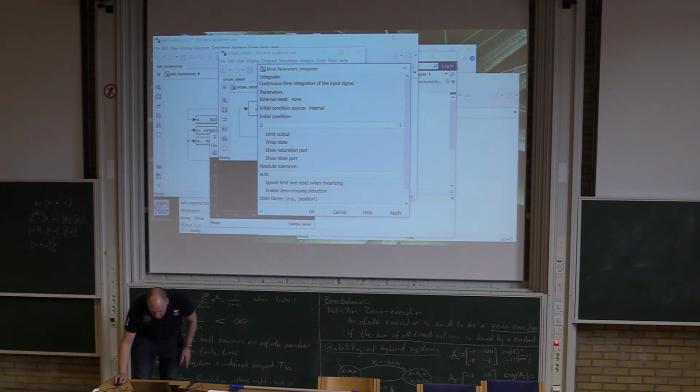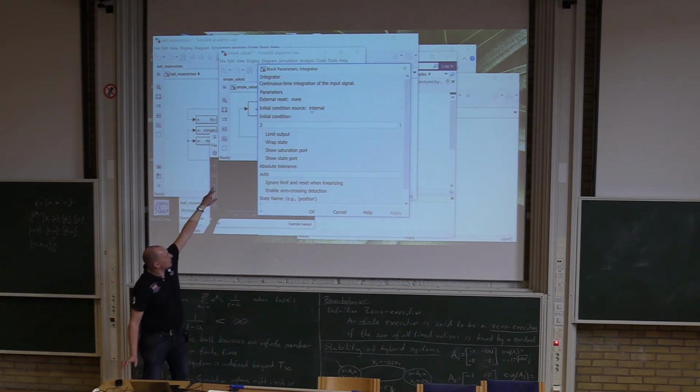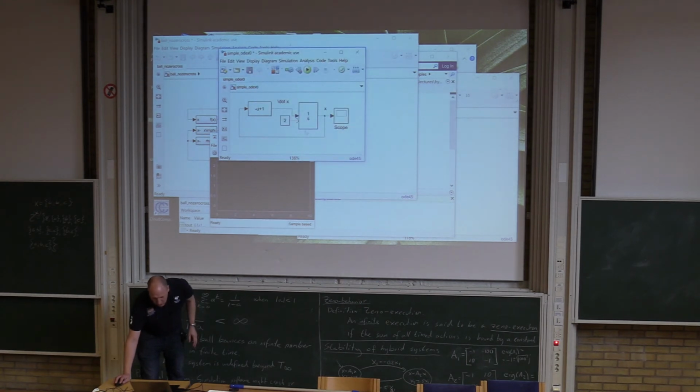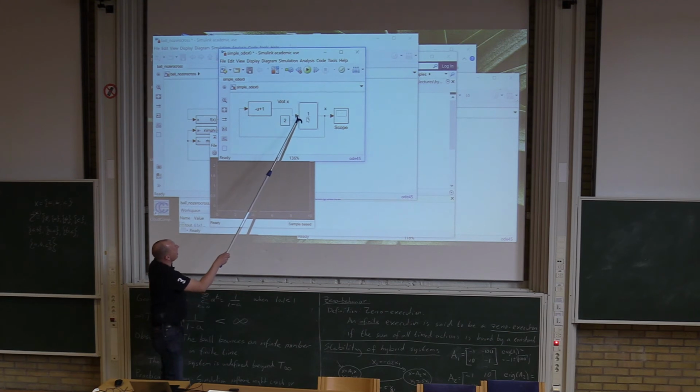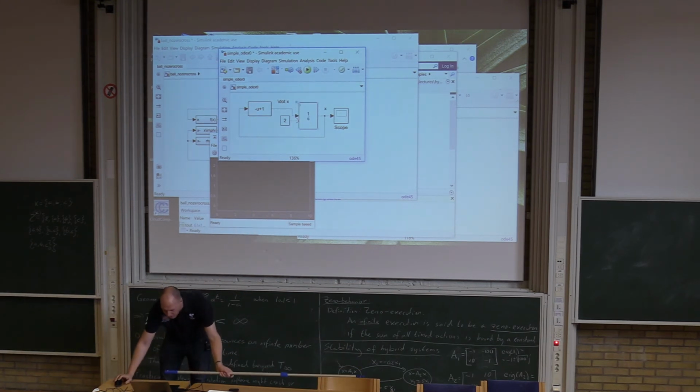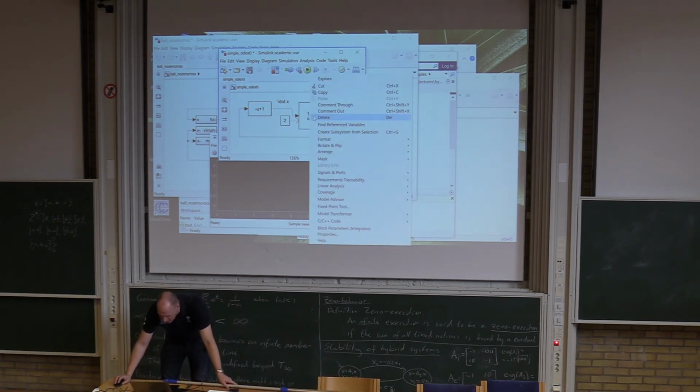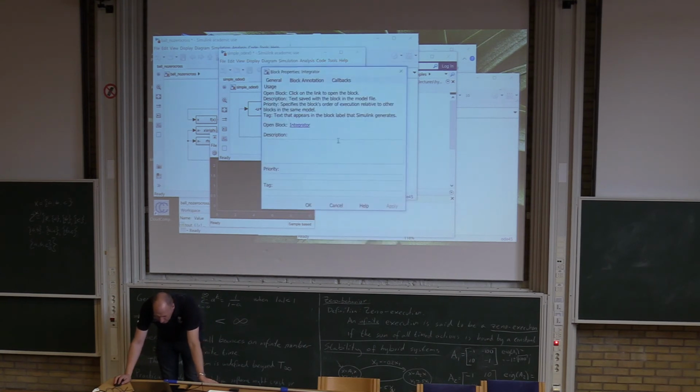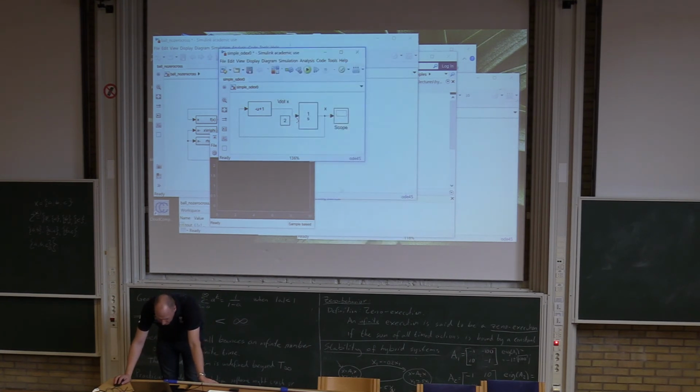So if it was done like this, you have the initial condition source, and you say it's internal, then you specify the initial conditions like it was here. So then it only has one input. But you can set an external input.